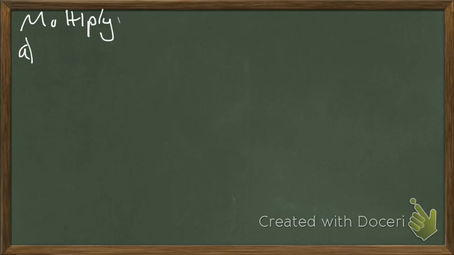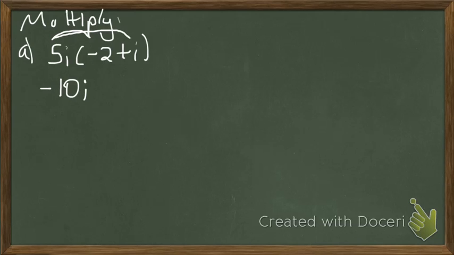For A, I'm going to do the pure imaginary number 5i times the complex number negative 2 plus i. All you really need to do is distribute. I'm going to multiply 5i times negative 2, multiply real numbers together there to get negative 10i, and then 5i times positive i is going to be positive 5, and then i times i is i squared.